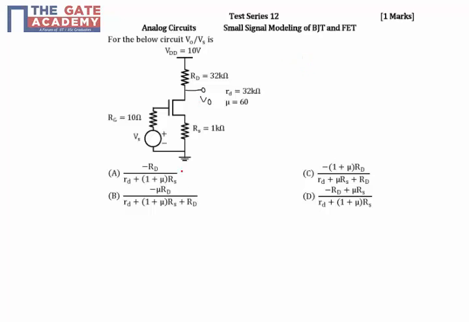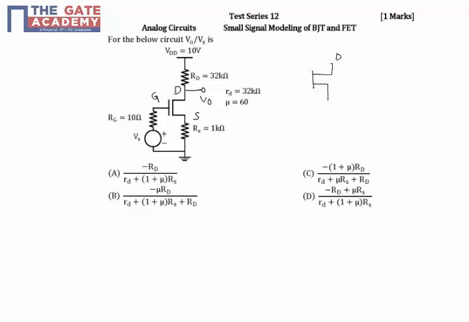So in this R model, we will be representing this FET with, so before that, this is the gate terminal, this is the drain terminal, and this is the source terminal.